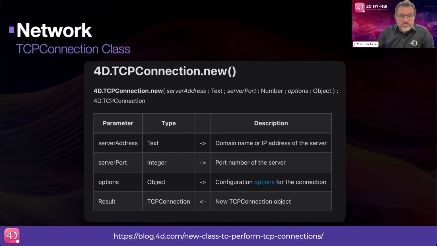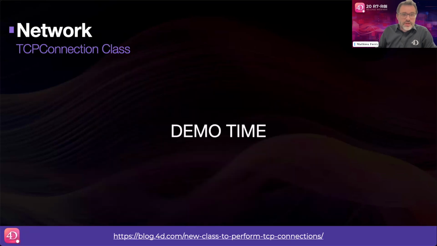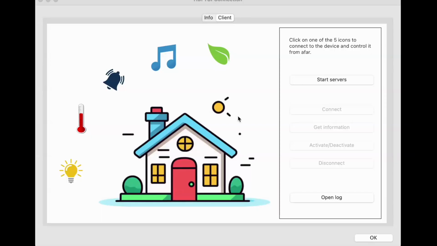Let's proceed now with a demo, but this time not from Vanessa, from Nicolas. 4D 20R8 introduces a brand new class, the TCPConnection class, which allows you to perform connections to distant servers with an object-oriented syntax and asynchronous callbacks.